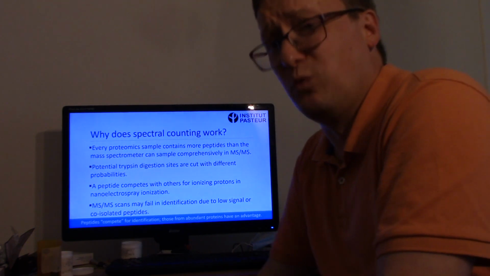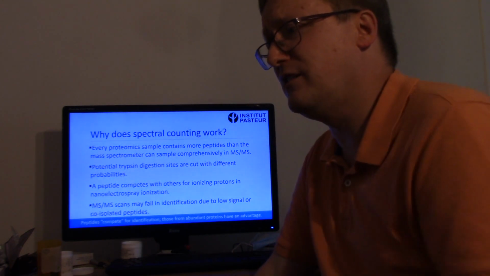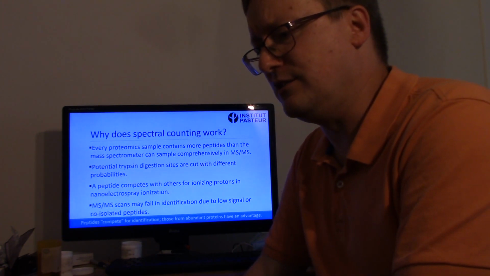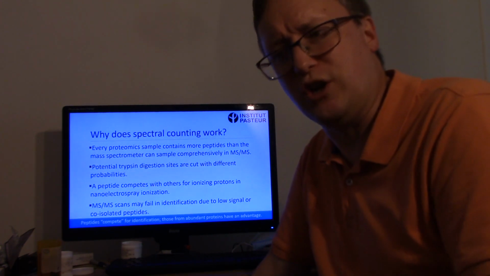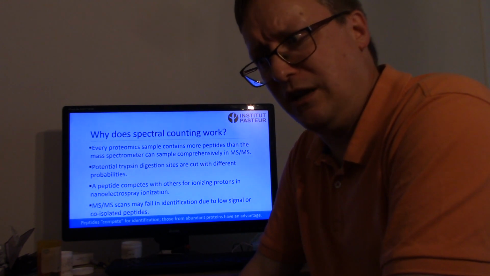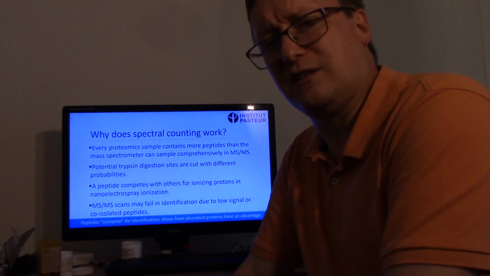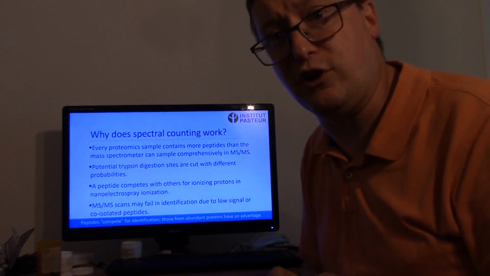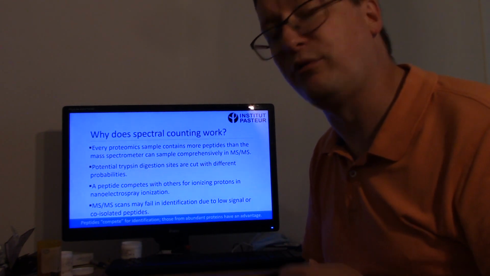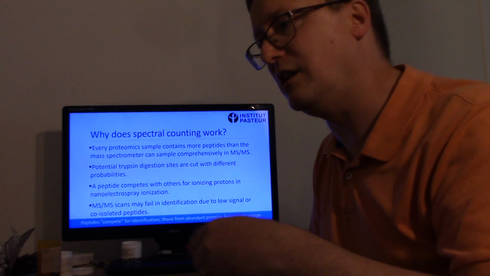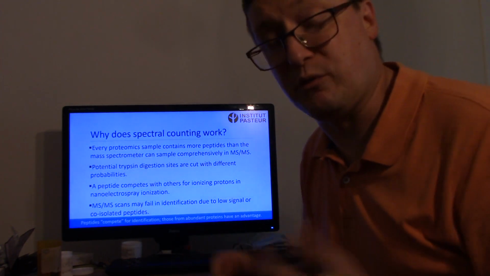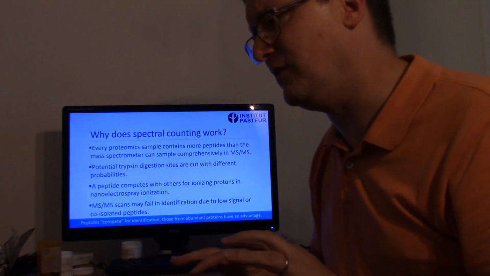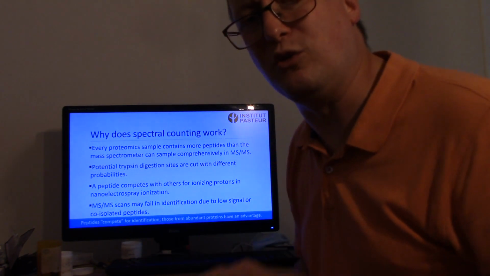So why does this work? Why would we find that the number of spectra observed for a protein is changing? There are a lot of people who will say that so long as we use dynamic exclusion, a common feature in Thermo mass spectrometry datasets, to prevent the same peptides from being matched to multiple spectra, to try to suppress that influence, spectral counting couldn't work.